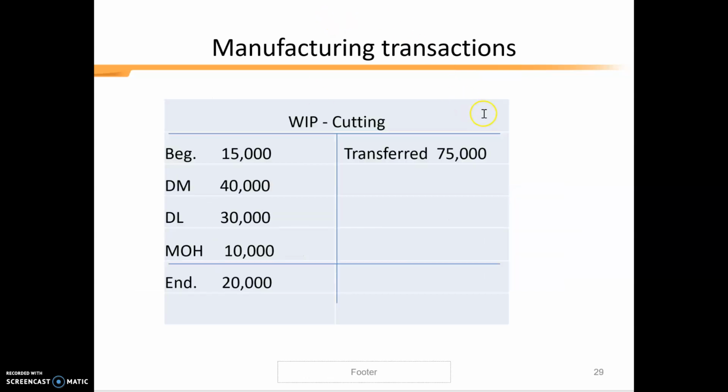And so we put the $75,000 on the credit side of the work in process cutting, and add up the debit, subtract the $75,000, we have $20,000. That's our ending work in process for the cutting department.